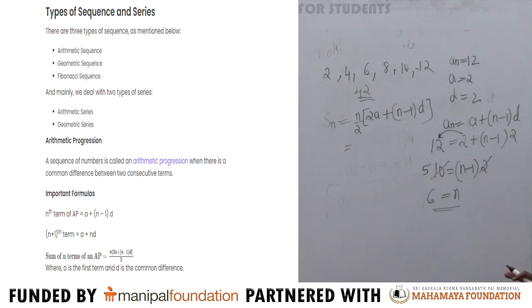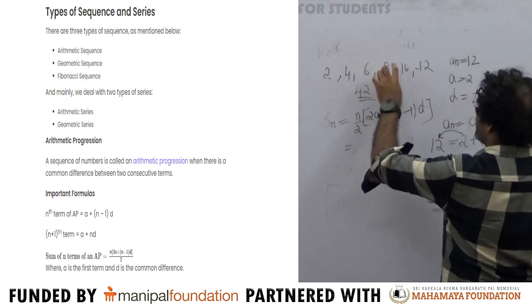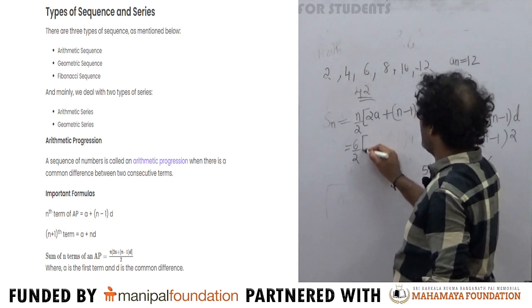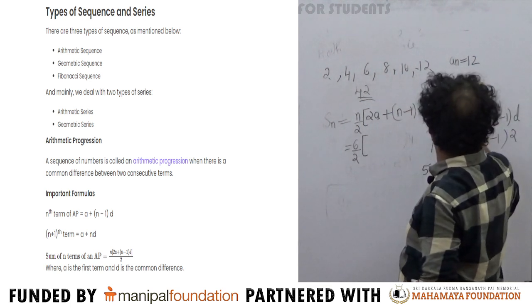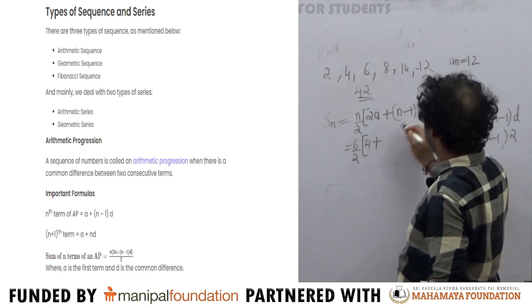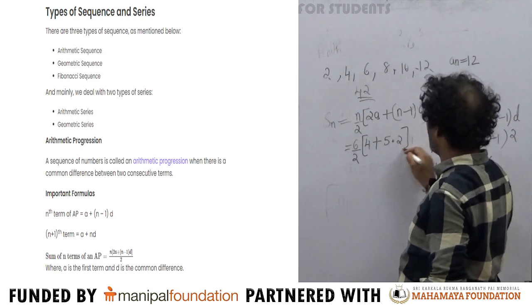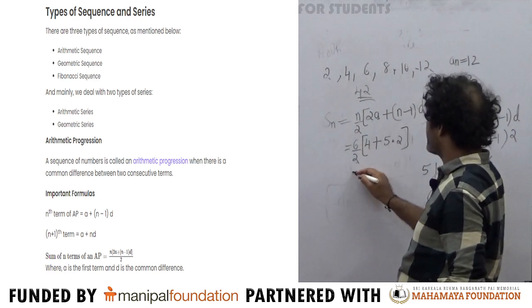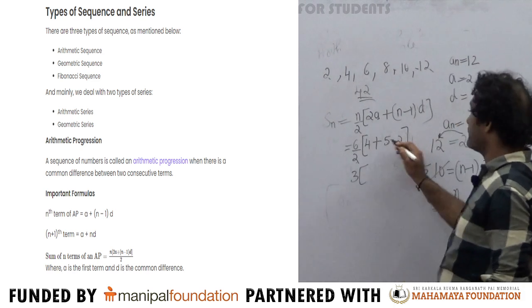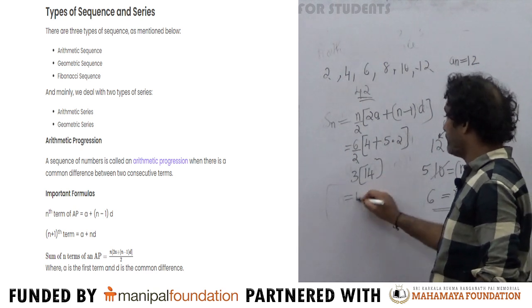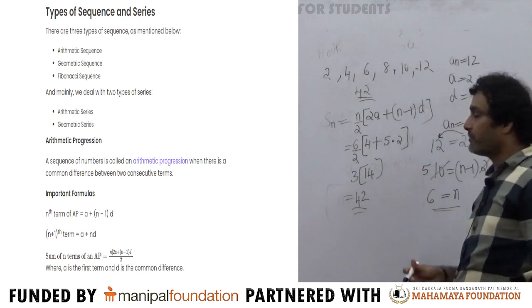So you understood there are 6 terms. See? 1, 2, 3, 4, 5, 6. Now what you do here is 6 by 2 into 2a, 2 into 2, 4, plus 6 minus 1, 5, difference is 2. 6 by 2 is 3, 5 2s are 10, 10 plus 4, 14, 14 into 3, 42. This is the formula.